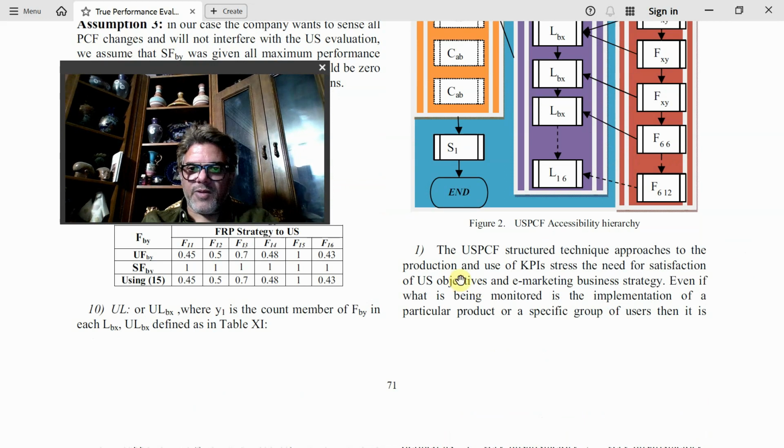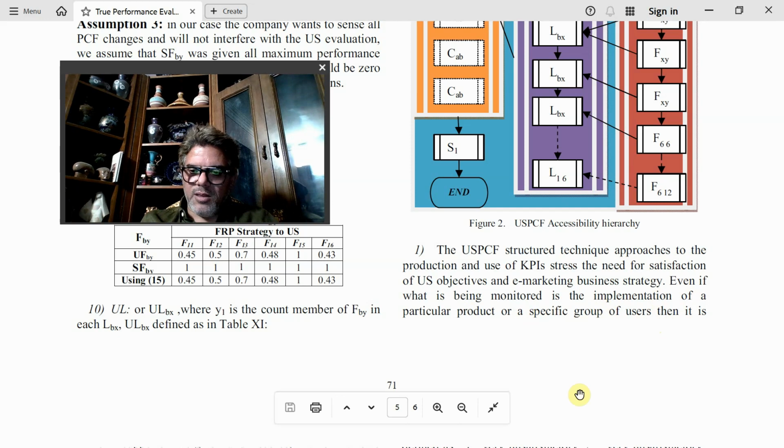Okay, the user satisfaction technique approach to the production and use of key performance indicators stresses the need for user satisfaction objectives and e-marketing business strategy, even if what is being monitored is the implementation of a particular product or specific group of users.